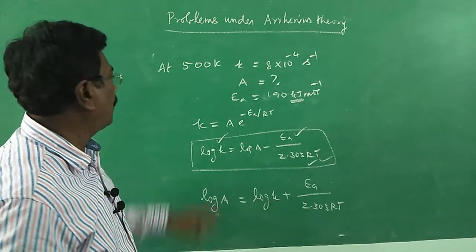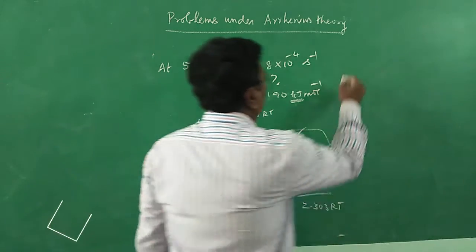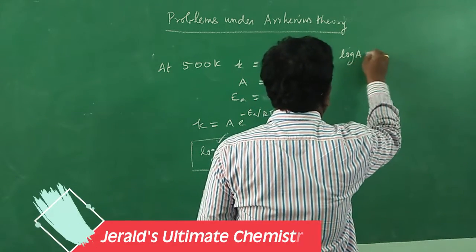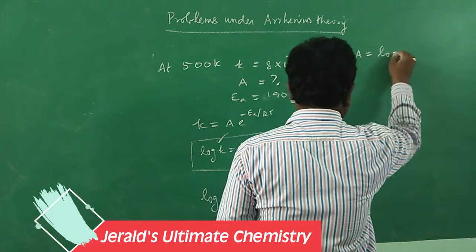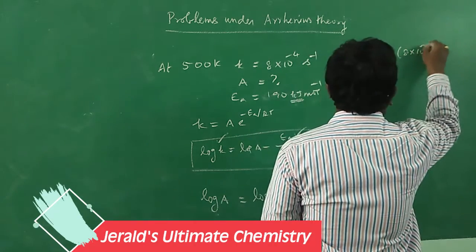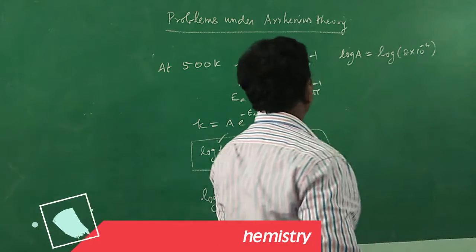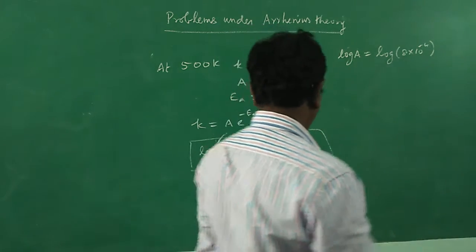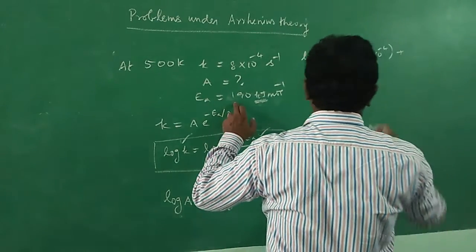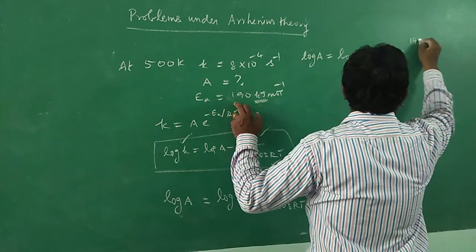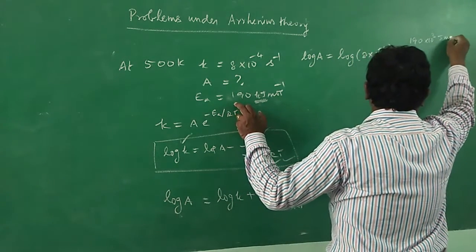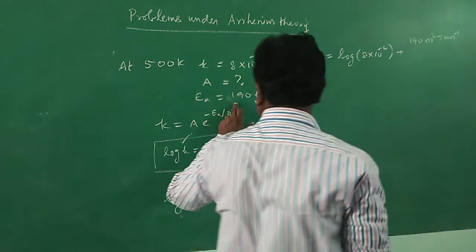What is the value of K? Log A is equal to log K, log 8 into 10 power minus 4, plus, what is the value of EA? EA is given as 190 kilojoule per mole. Let it be 190 into 10 power 3 joule per mole.